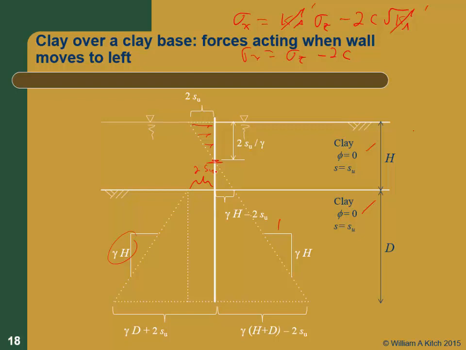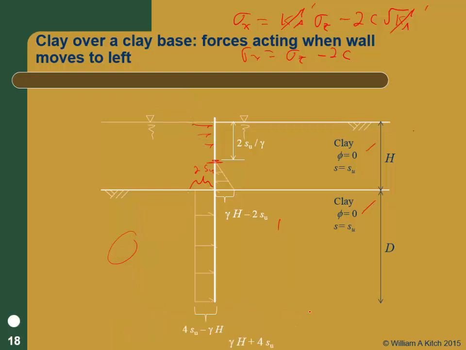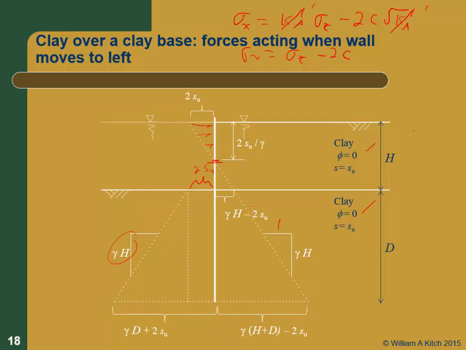So what's my net earth pressure diagram? Well, I've got 2 SU here and 2 SU there. This triangle and this triangle cancel each other out. We're going to ignore the negative earth pressure at the top because we're pretty sure the soil's not going to suck the wall back, right? We're going to get a tension crack there.